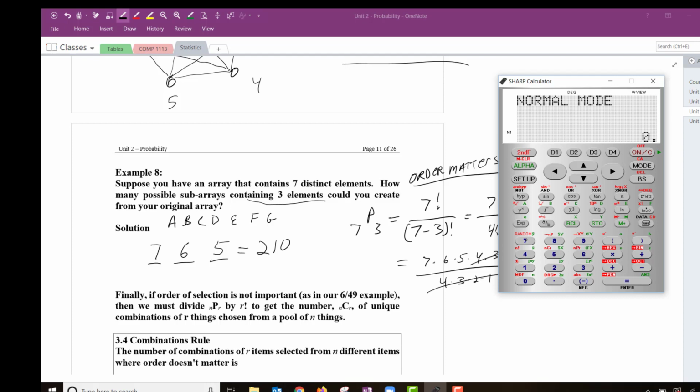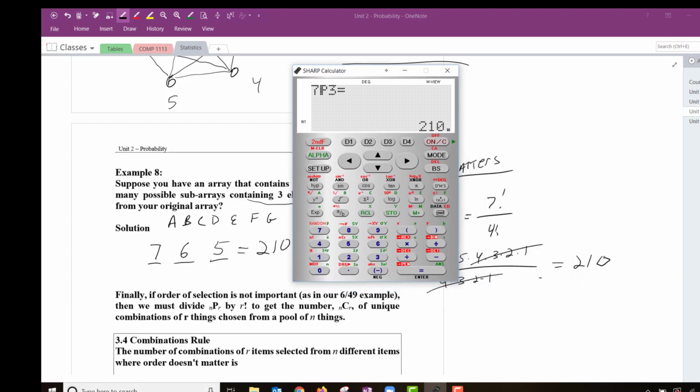I believe we have to type the 7 first, then shift or second, nPr, and then type the 3 and enter. So your calculator is pretty sweet. It does a lot of this heavy lifting for us. On a test, you're certainly welcome to just write that down as your answer. Right, 7P3 equals 210.